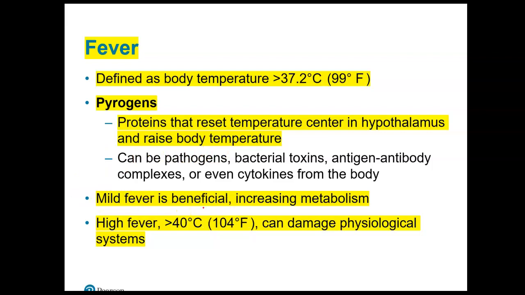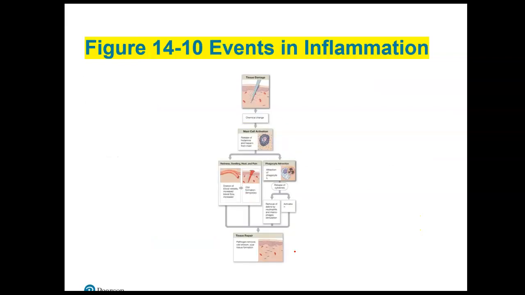When you see that you have a fever, your first instinct is to take your Tylenol or whatever to lower it, but a mild fever increases your metabolism and helps the healing process. However, a high fever is defined as 104 degrees Fahrenheit or above, and that can damage physiological systems and can lead to death. So that has to come down. But a mild fever actually helps with the innate defenses.